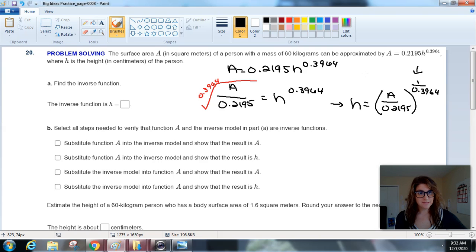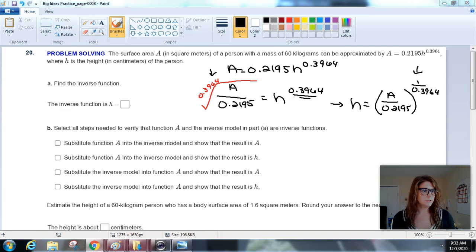Remember, this is the same as the radical, but we don't tend to like to have radicals with decimals as our index. It doesn't make sense. But we do know how to write things as rational exponents, and that's what you would want to use. So anytime you want to get rid of any crazy looking exponent, just raise it to its reciprocal power, or 1 over that number. It's the same thing. Okay, so that's your inverse.